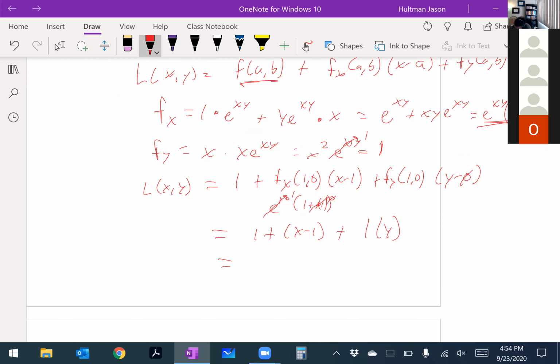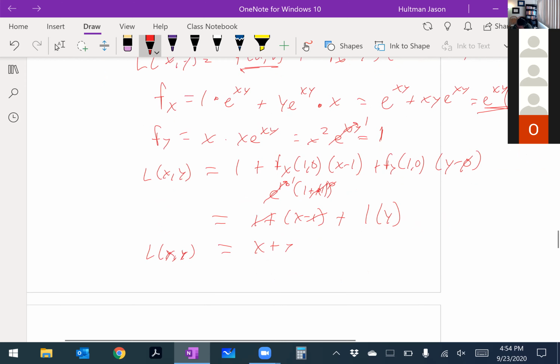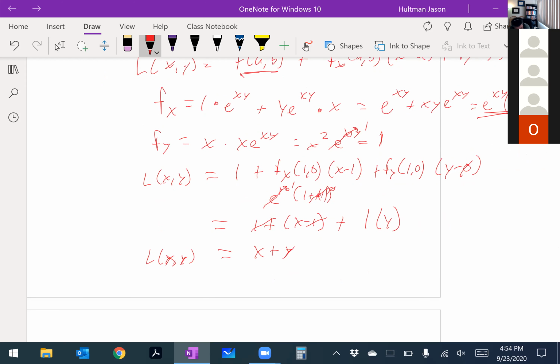So this is equal to 1 plus x minus 1. The 1s cancel out, and I'm just left with x plus y. L is equal to x plus y.